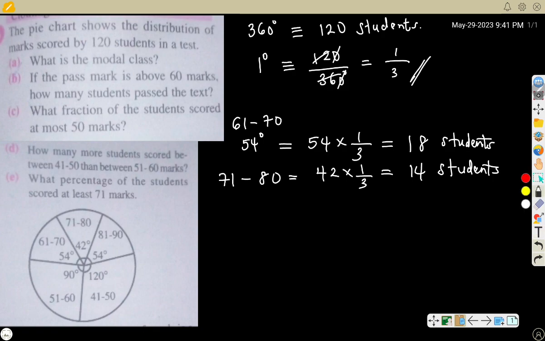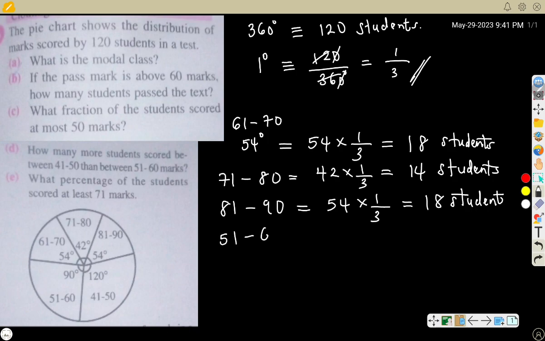Then 81 to 90, that will be 54 times 1 over 3. That means we still have 18 students there. Now we have 51 to 60 marks.